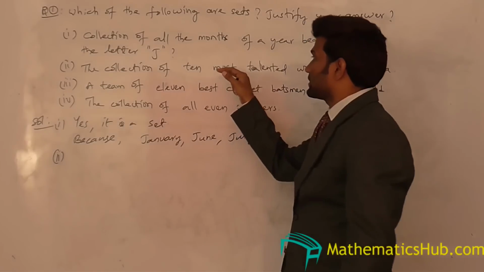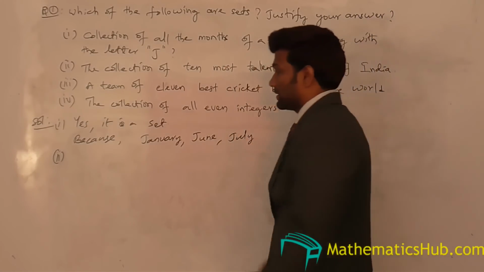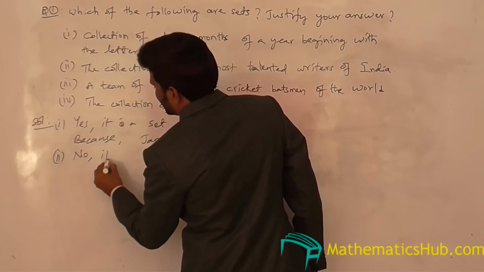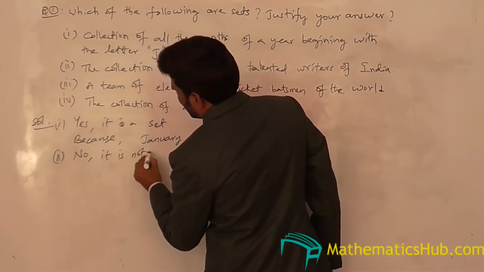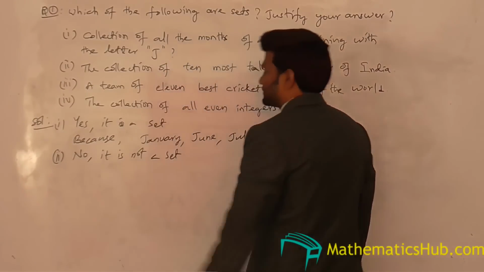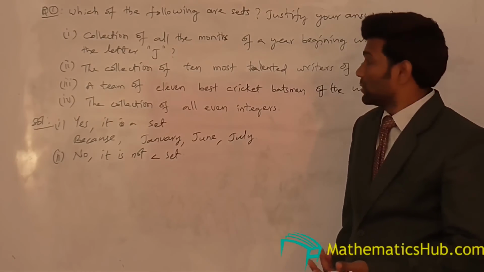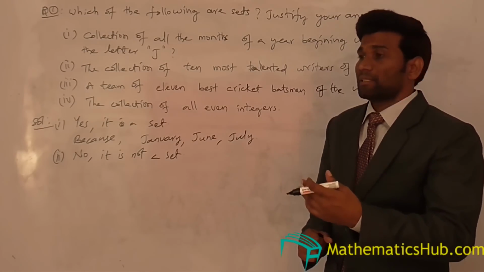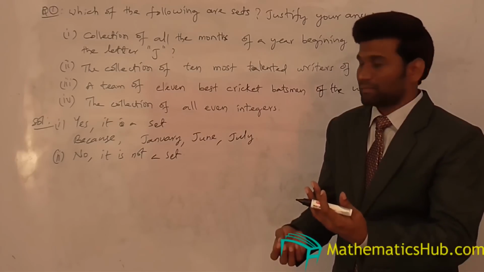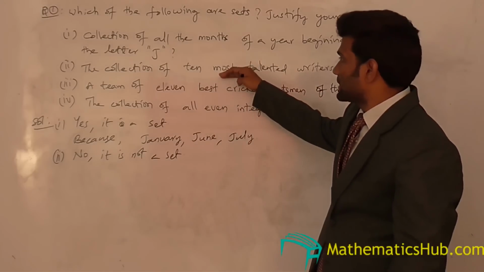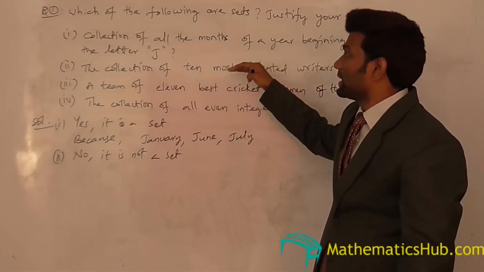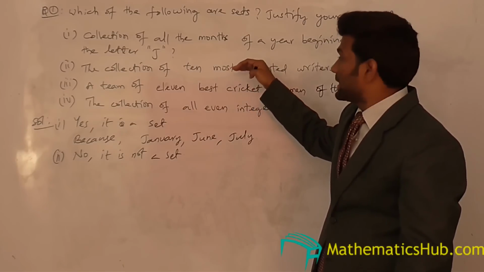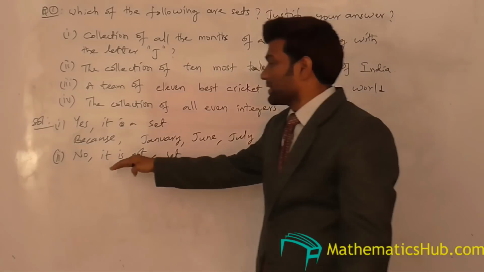So clearly this statement says no, it is not a set, because we can't say who is the most talented writer among these many writers. So this sentence is ambiguous and it is not giving any clear property. So it is not a set.